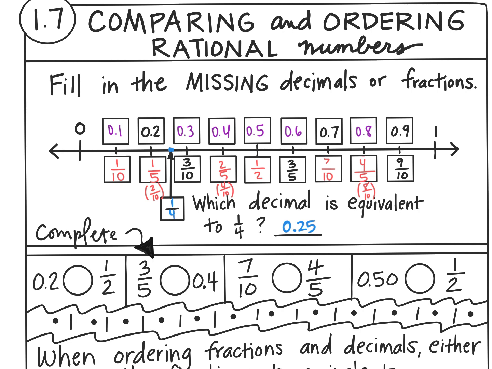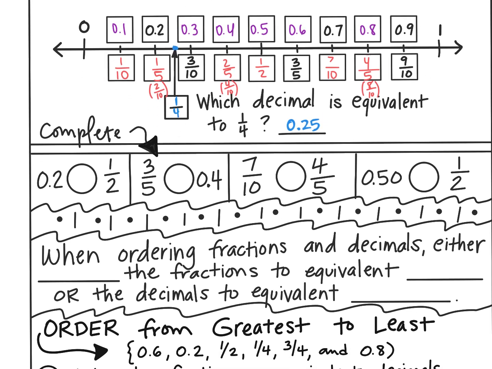0.25. 25 hundredths is the same as a fourth. Okay, now we're going to move down just a little bit and we are going to look at these and compare. We can use the number line to help us compare these decimals and fractions.